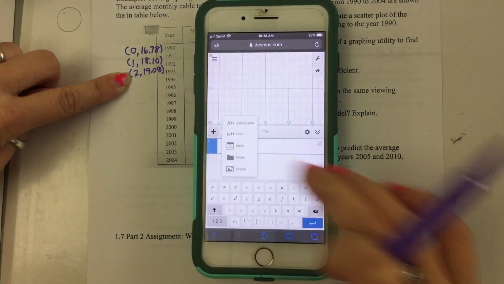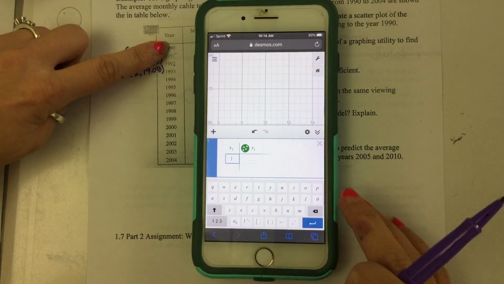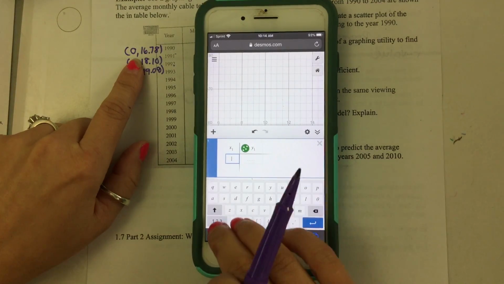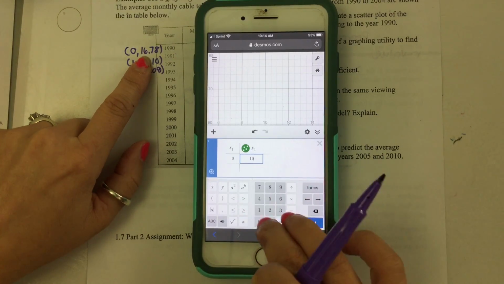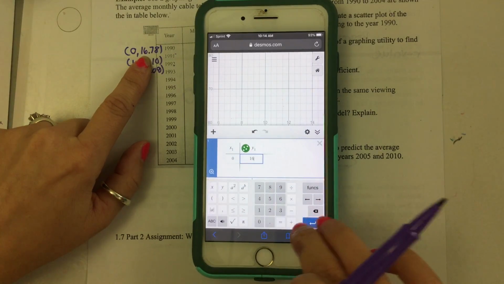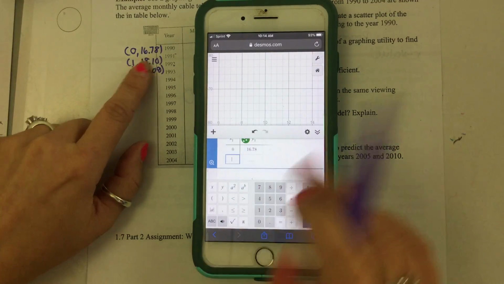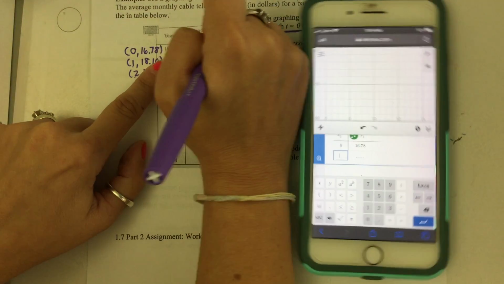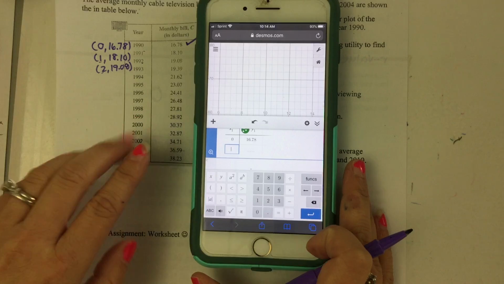If I go to add, I want to add a table. Notice it goes X1, Y1. My first ordered pair is 0, then the Y is 16.78. You just have to be really careful as you enter this, because if you just saw mine, my decimal did not go in there. I put a little check mark when I have each one done so I don't accidentally miss a point.